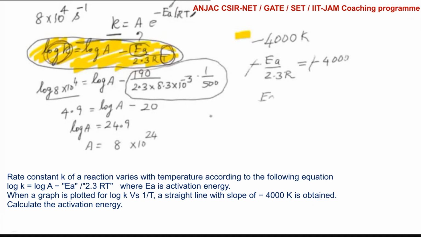EA is equal to 2.3 into R, 8.3, into 4,000. So many joules per mole. And whether the answer is given in joule per mole or kilojoule per mole, accordingly you change the unit.